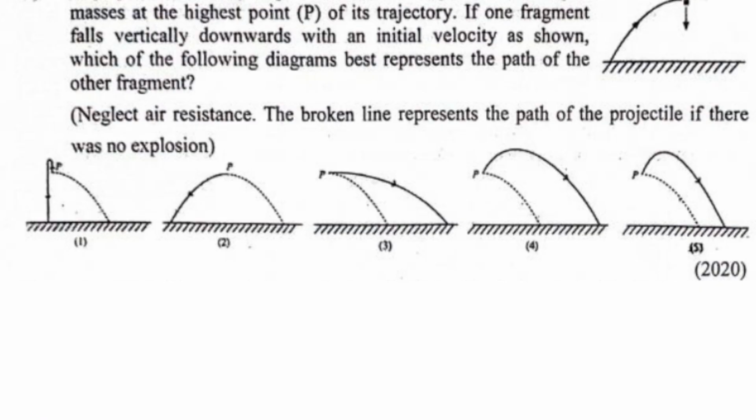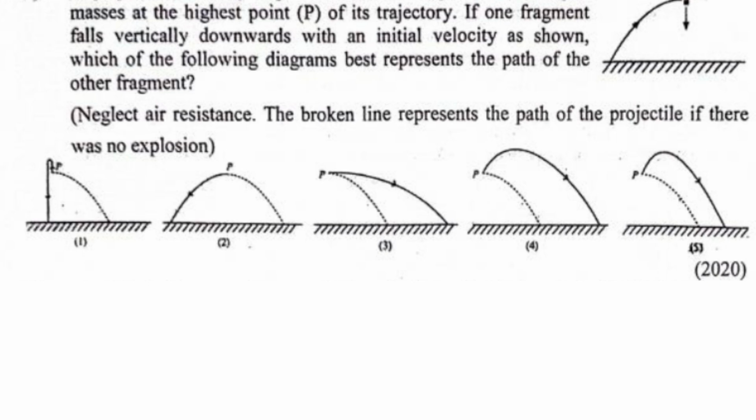Then 48. A projectile suddenly explodes into two fragments with equal masses at the highest point of the trajectory. If one fragment falls vertically downward with an initial velocity as shown, which of the following diagrams best represents the path of the other fragment?